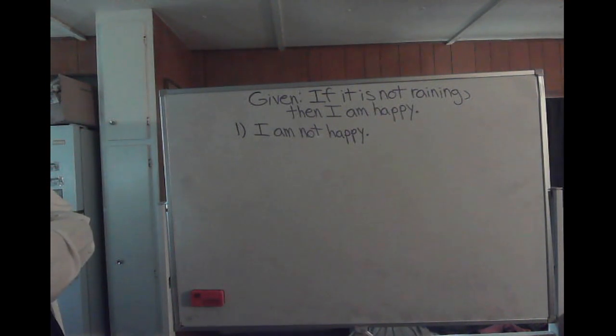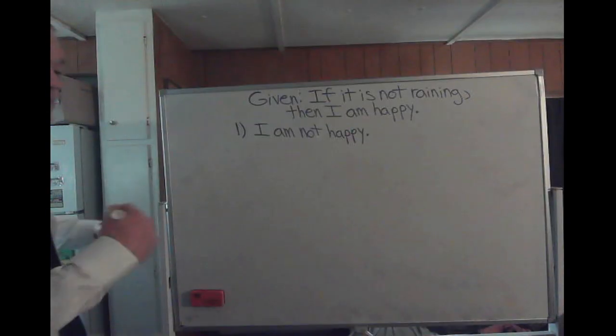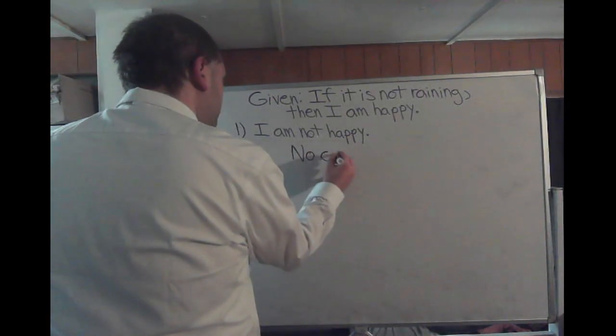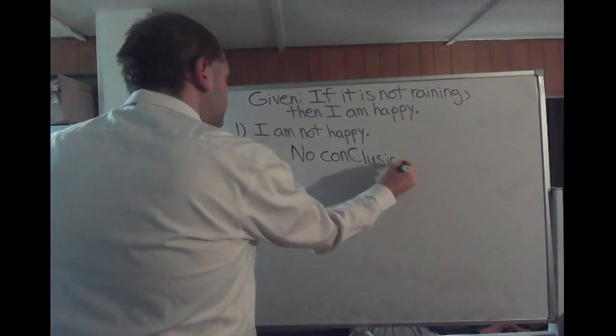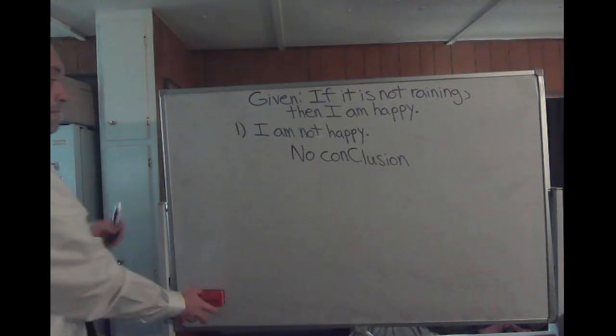There could be a multitude of other reasons that they're not happy. It may not be raining, but what if they just got the worst news of their life, or they went through something truly horrific? So really, we can't reach a conclusion out of this. There is no conclusion that we could possibly reach because there's so many other reasons they might be unhappy.